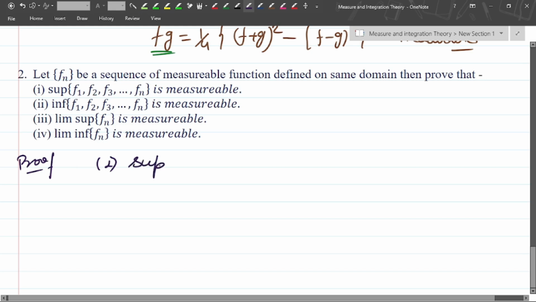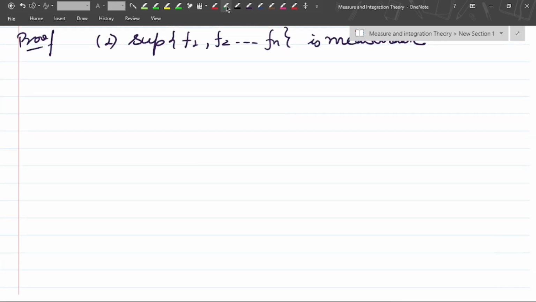The supremum of f1, f2, and so on up to fn is measurable. How can we start? I just take h as my function, which is the supremum.